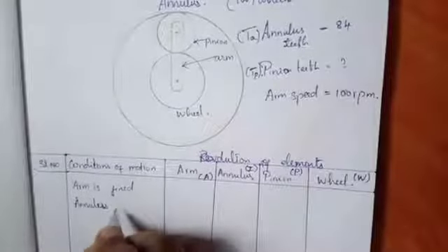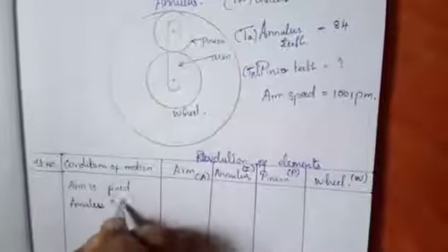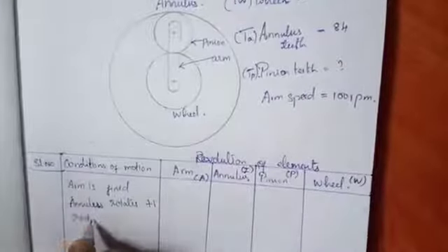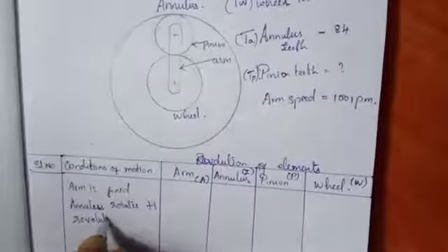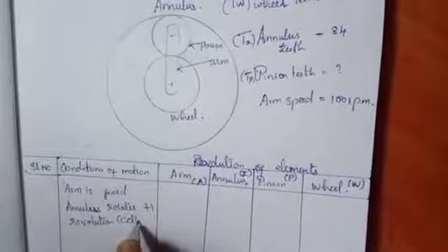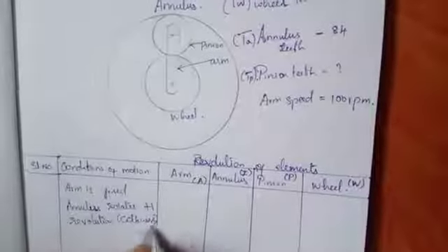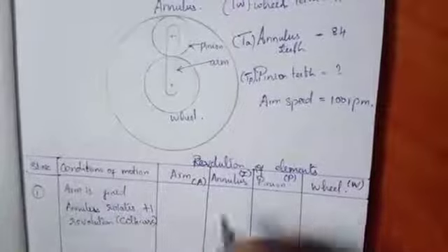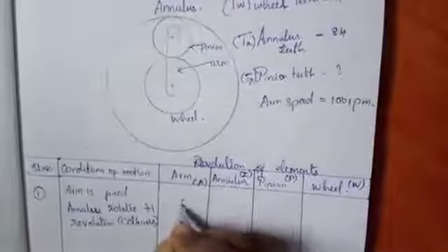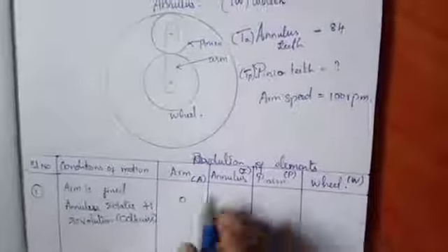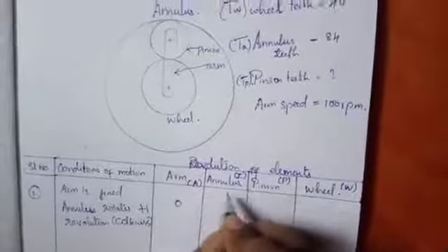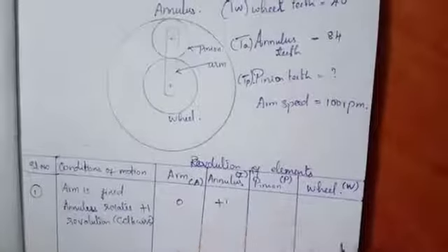So you can take that the annulus rotates plus 1 revolution. Plus 1 revolution indicates anti-clockwise. So this is your first step. The arm A is fixed, so make this 0. The annulus, the internal gear, makes plus 1 revolution.